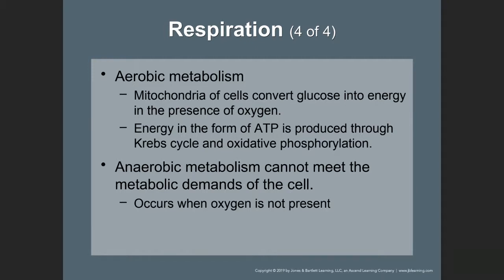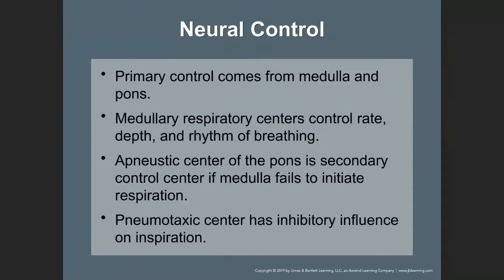So it's going to quickly use up whatever energy has been produced at that point, which is insufficient, and you start to get byproducts like lactic acid forming. When enough oxygen is not present, that is referred to as anaerobic metabolism. Make sure you know the difference.